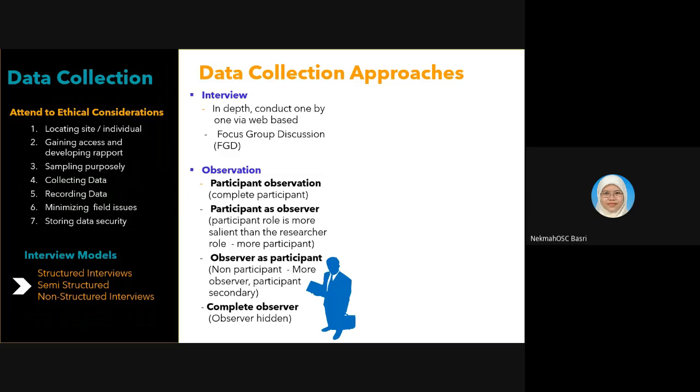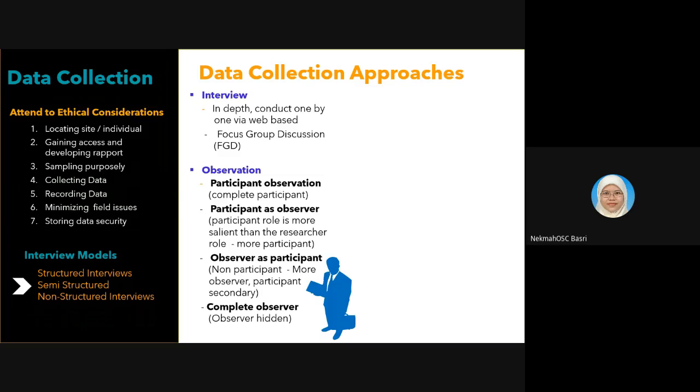Okay, this is where we, as researchers, have to observe the site, bring our field notes, and take pictures, video, and so forth.